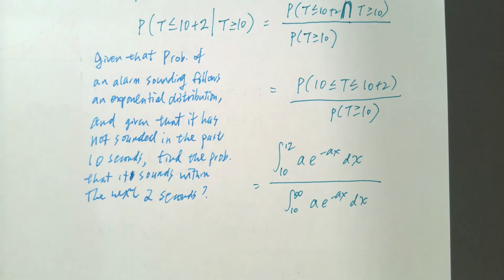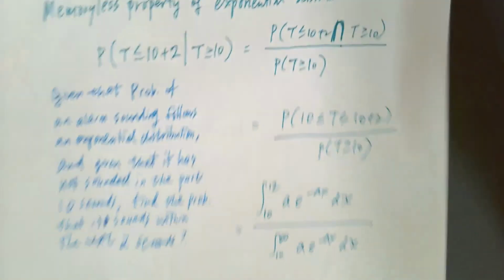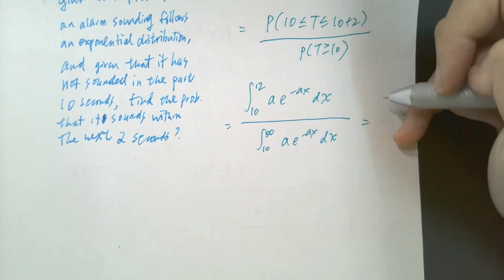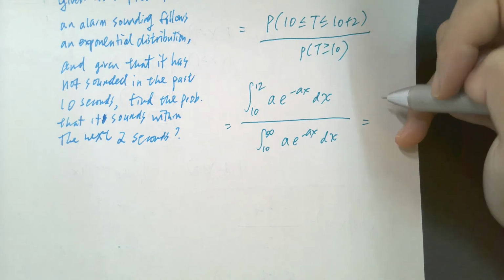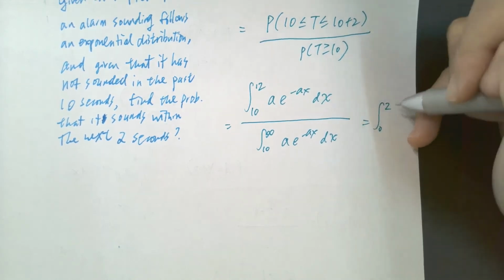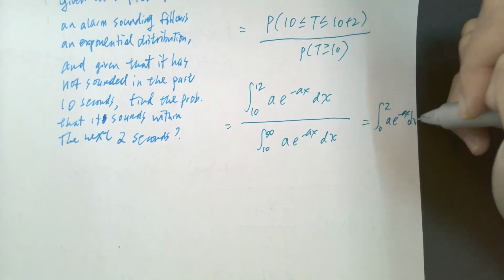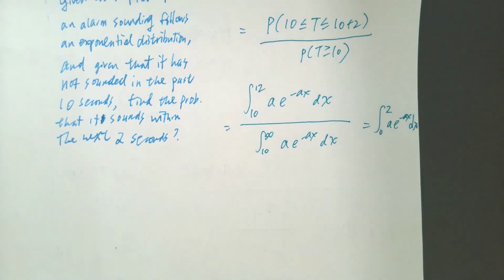All right, so by the memoryless property, we can really just say that this is going to be equal to the probability that it's going to sound in the 2-second interval.